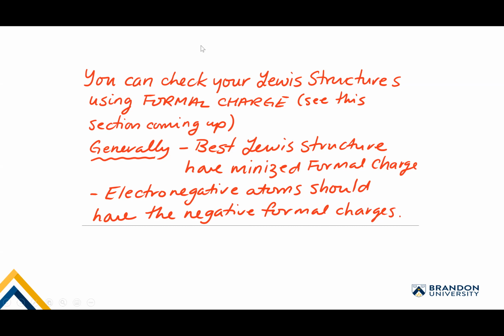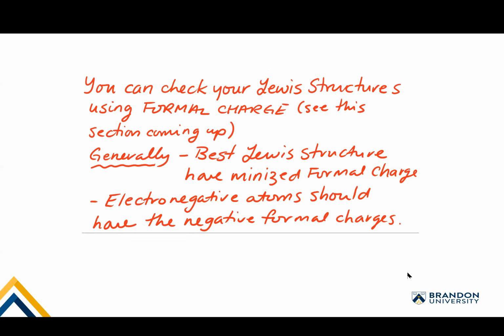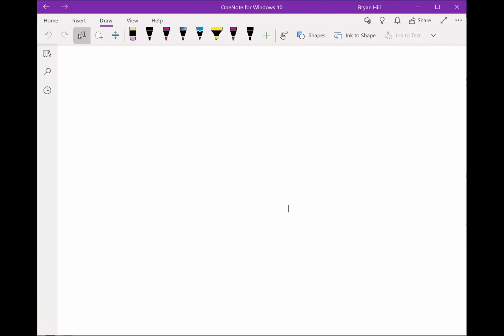Okay, so I'm going to share with a drawing program. So let's start with, say, something like carbon dioxide. The first step, of course, is totaling up the number of valence electrons.